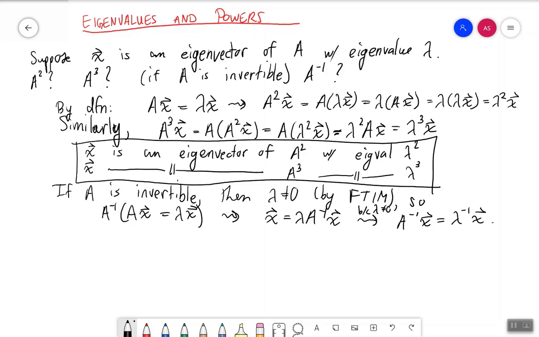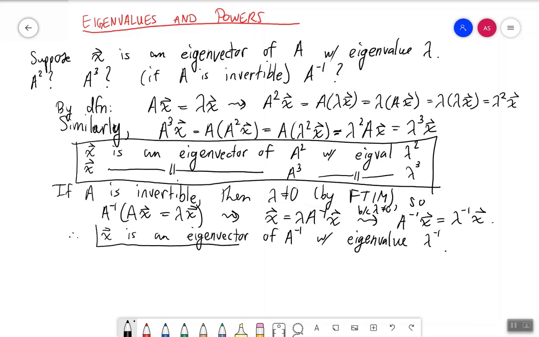So therefore, x is an eigenvector of A inverse with eigenvalue lambda inverse. Again, I'm going to box that.